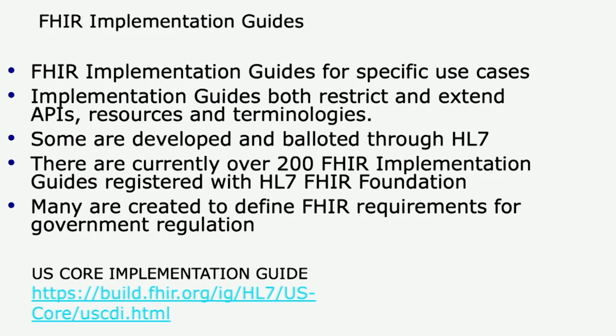And in the US currently, the federal regulations point to certain implementation guides, like the US Core Implementation Guide, which is the implementation guide for implementing the US core data elements, sometimes referred to as the US CDI, which is the ONC's specification of what data elements must be included in a FHIR implementation in the US.